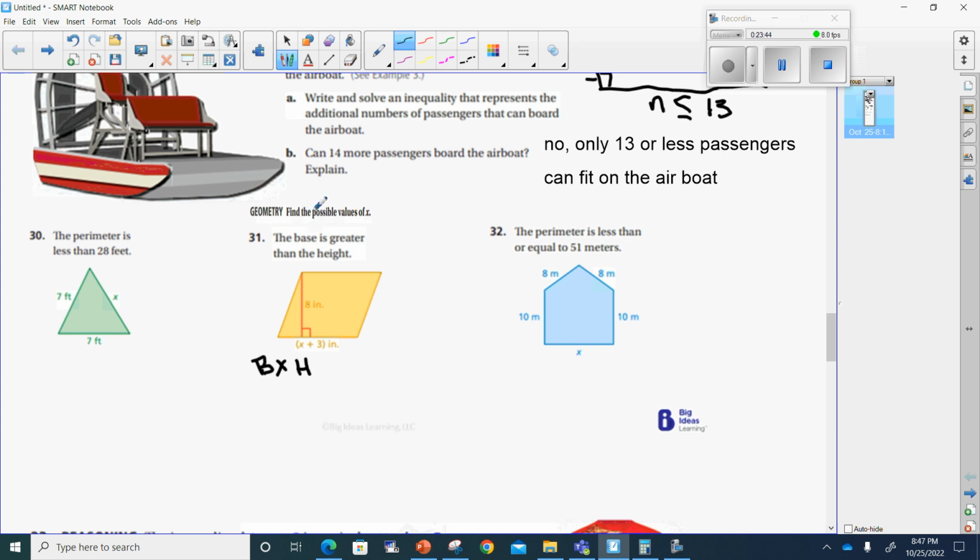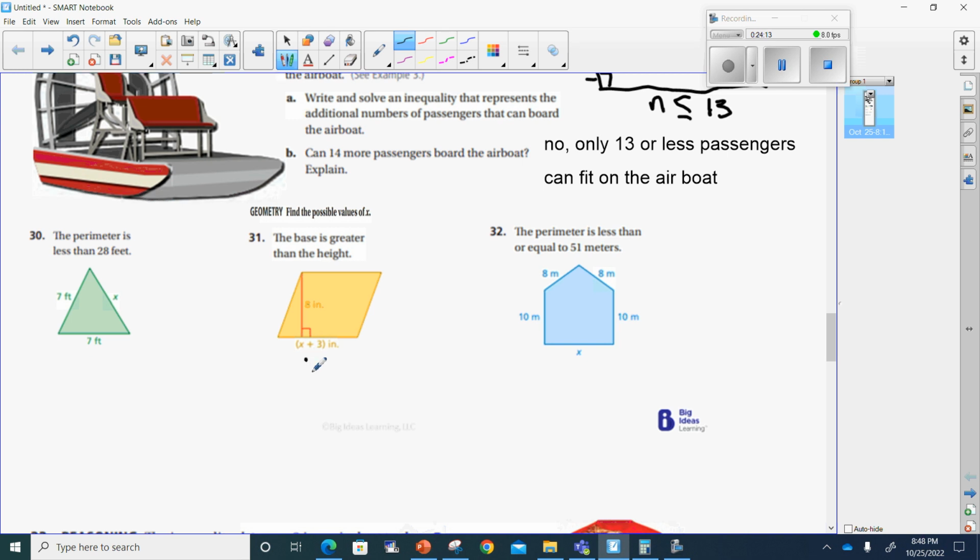Not that it should matter here. Find the possible values for this. I've got 8 inches here. And the base is greater than the height, so this has to be bigger than this. So we can erase this altogether. That didn't even matter.